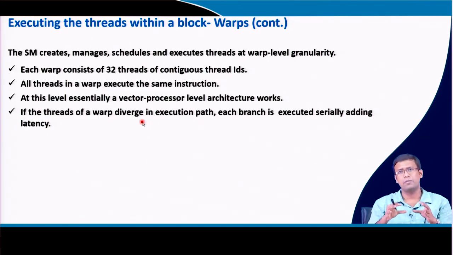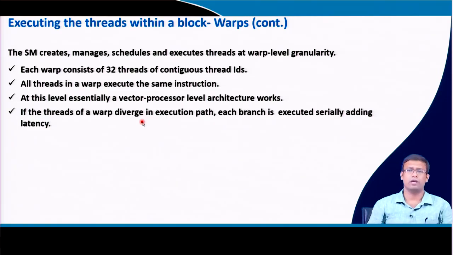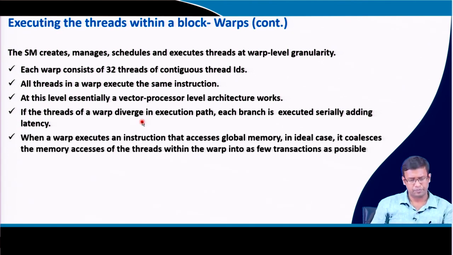Whatever is given in the warp, all the cores will essentially do the same work. If you ask them to do multiple works using some if-else statement, that will be done serially and that will add to latency.